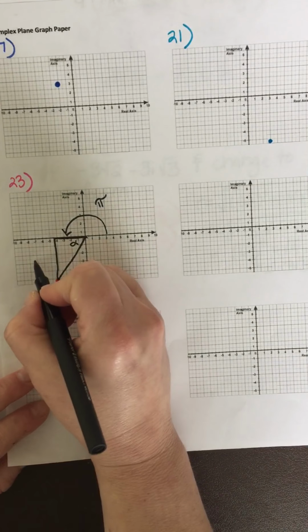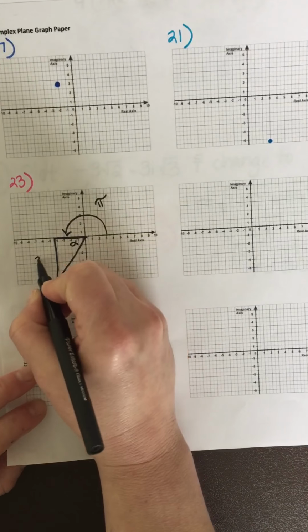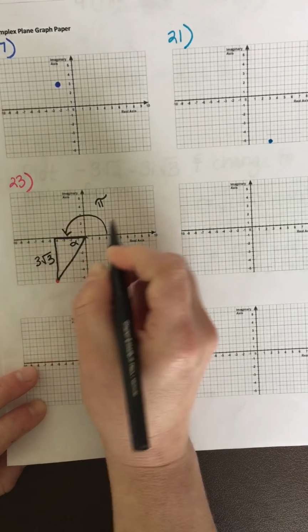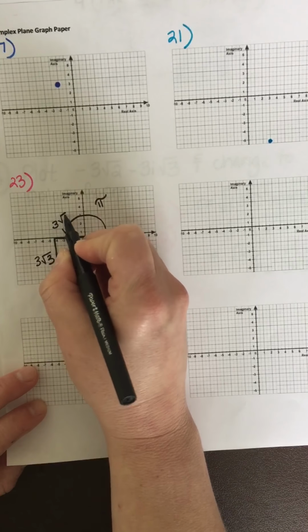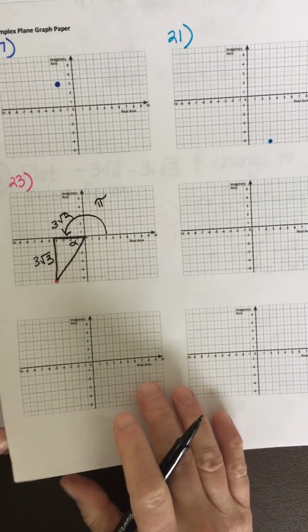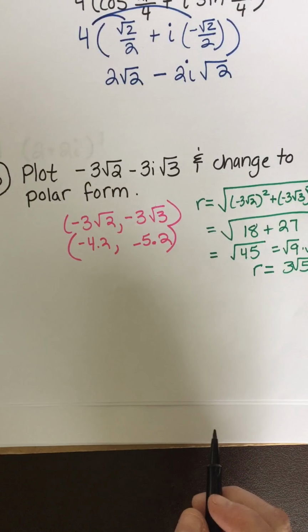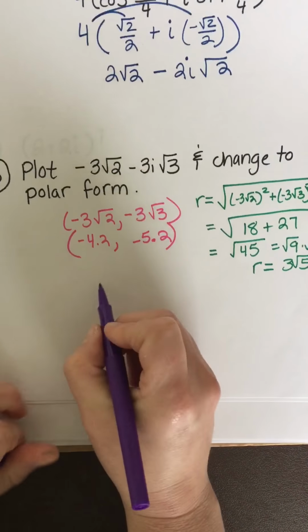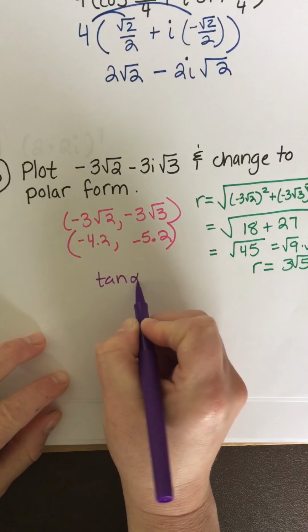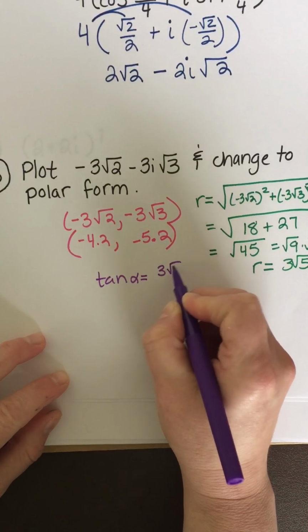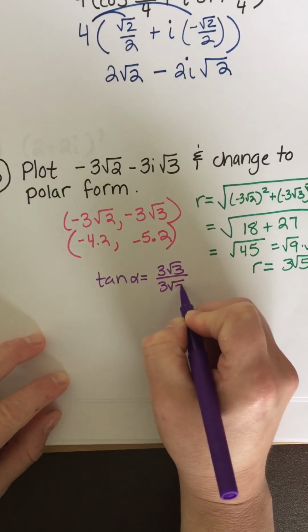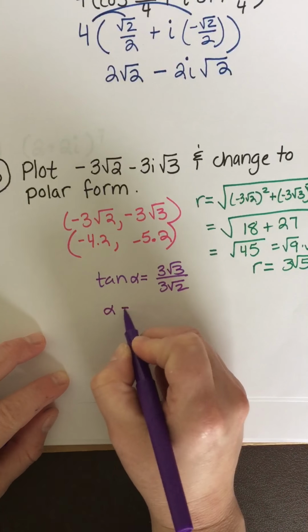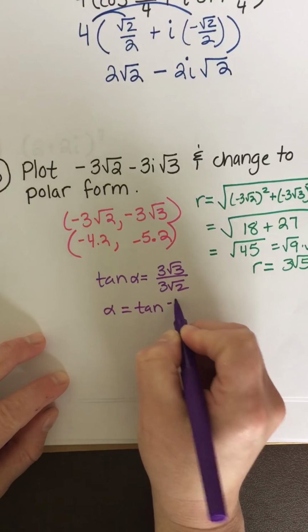We went down 3 square root of 3 and over 3 square root of 2. So the tangent of alpha would be equal to opposite over adjacent. So alpha would be the tan inverse of all that.